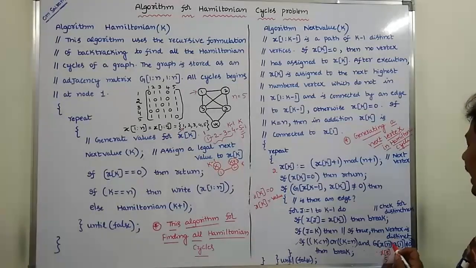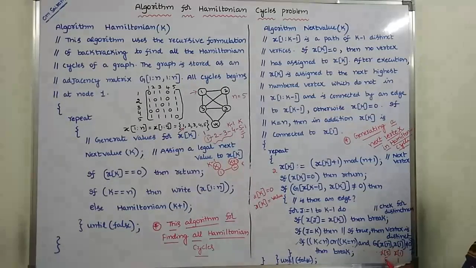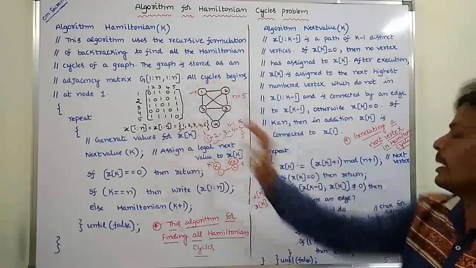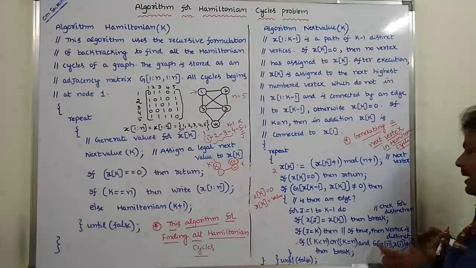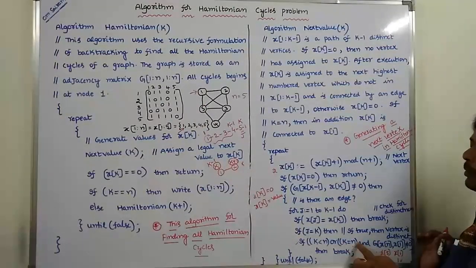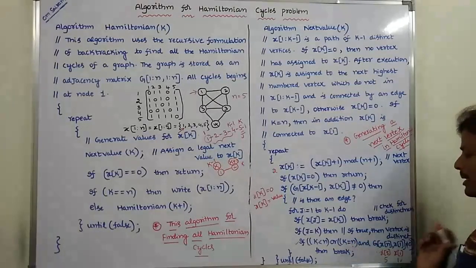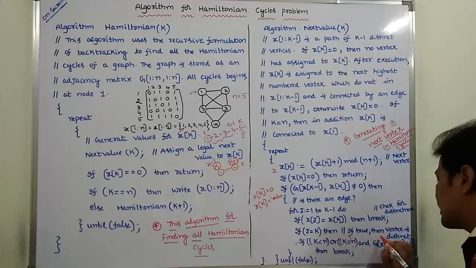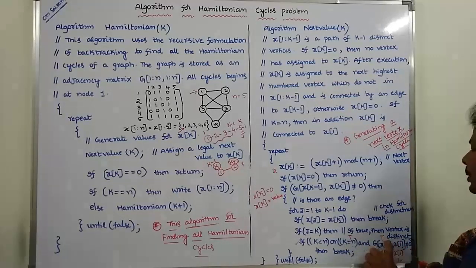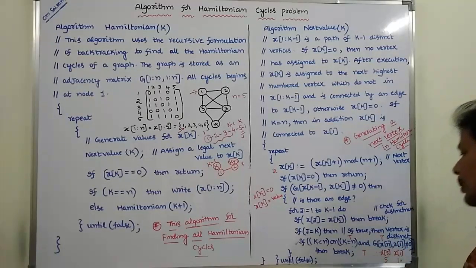And g of x of n means x of 5 points to vertex 5, x of 1 points to vertex 1. 5 and 1 are connected by an edge, so this condition is true. K is equal to n, 5 is equal to 5, this condition is true. True and true, that is total true.